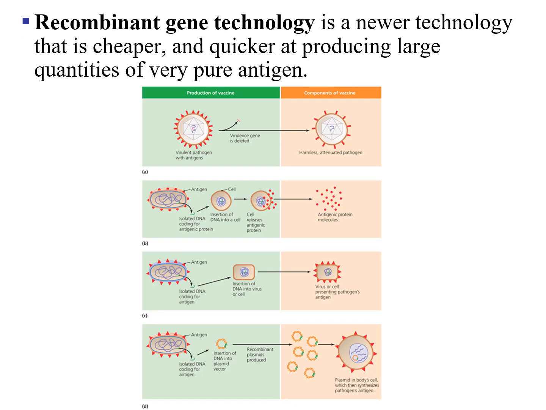The one we'll conclude with is recombinant gene technology vaccines. It is a newer technology that will produce cheaper, quicker, and larger quantities of very pure antigens that will be the vaccine.